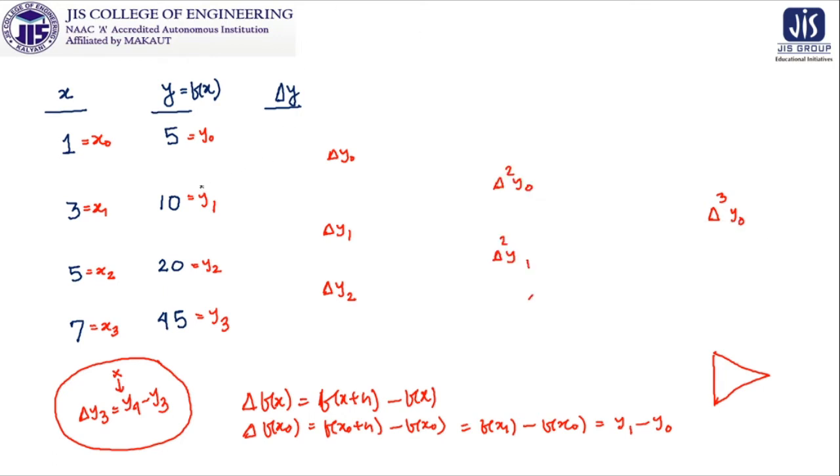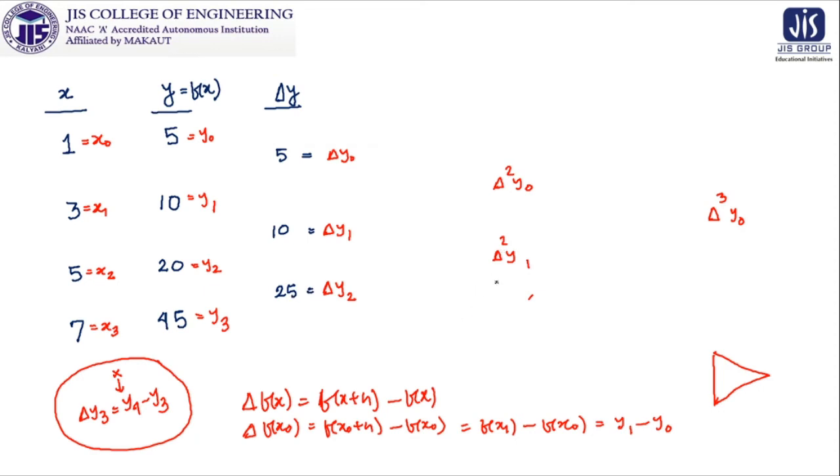So here we will get 10 minus 5, that is 5, which is equal to del y0. It is 20 minus 10, that is 10, which is del y1, and 45 minus 20, that is 25, which is del y2.